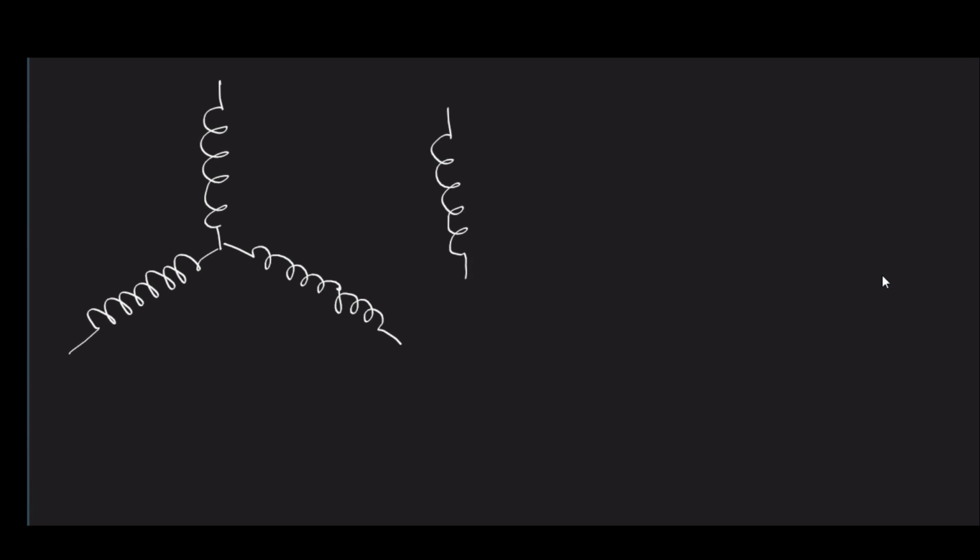Do remember that tertiary windings are always connected in delta, and we try to make sure that they have a very small value of reactance, so that they can offer a high admittance path to our third harmonic component.